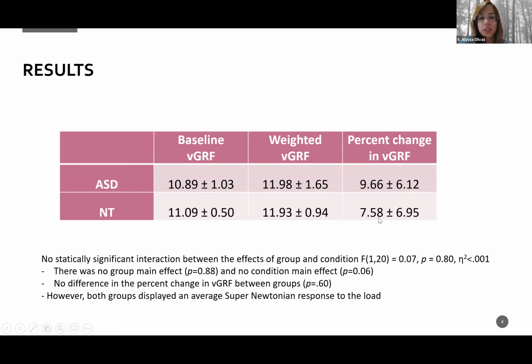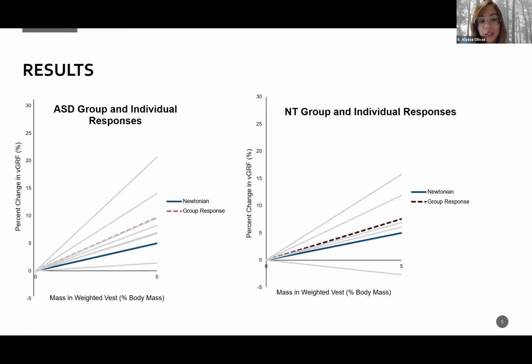So there was no statistically significant interaction between the effects of the group and the condition. There was no group main effect or a condition main effect, but we can see from the % change obtained here that both groups actually displayed an average super Newtonian response to the load. And we can take a look at that a little bit better in these graphs.